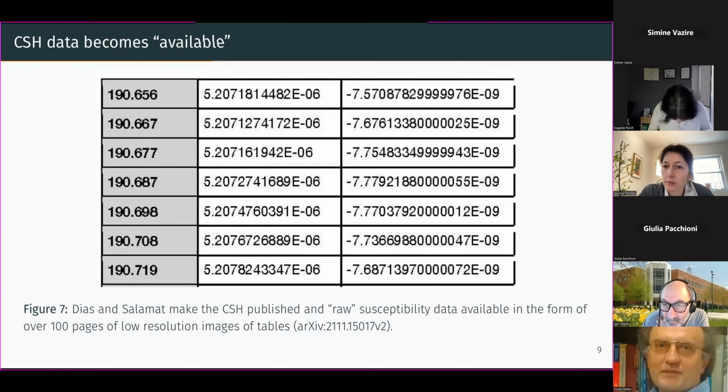And then you can simply plot the data, and occasionally there'll be errors in the optical character recognition, but they immediately become very clear when you plot the data, and then you can go back and look and correct the data. So even if it's not the most convenient form of presenting the data, really any way of making the data available is helpful for assessing the reliability of it.